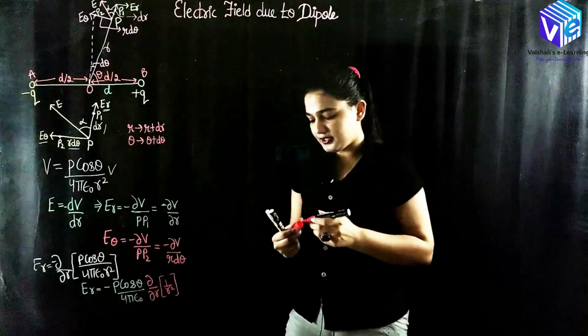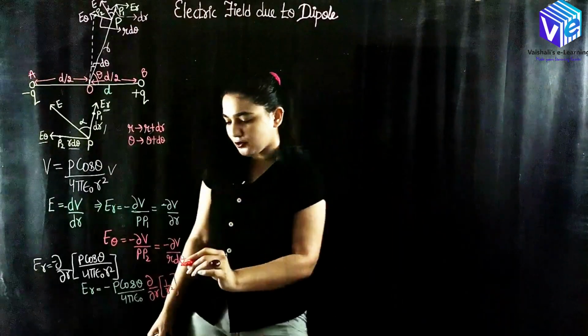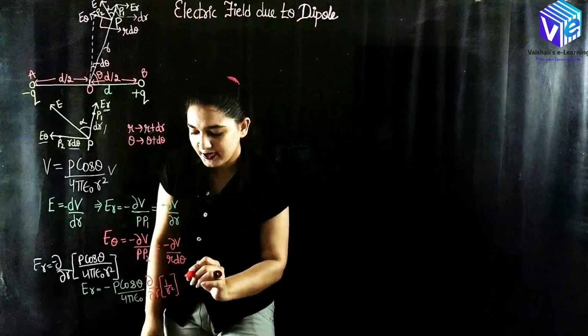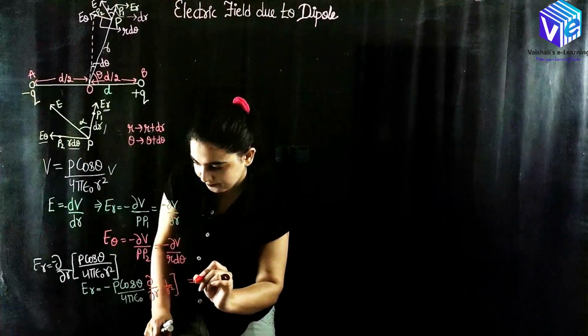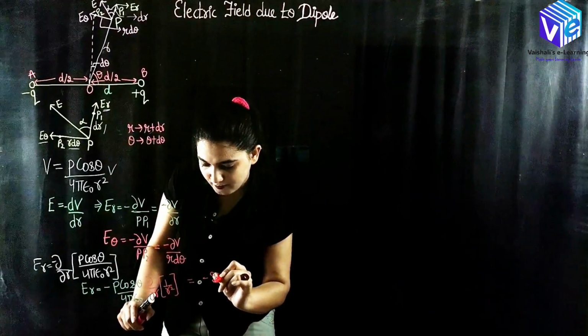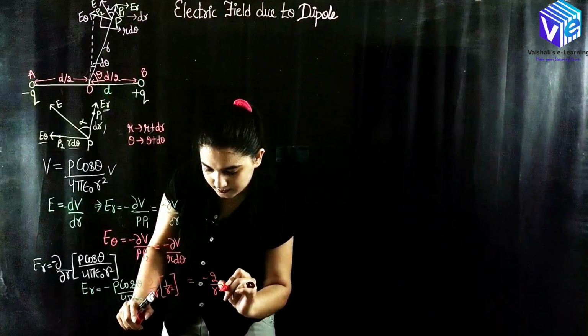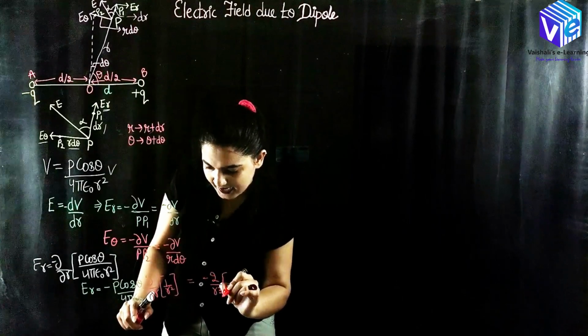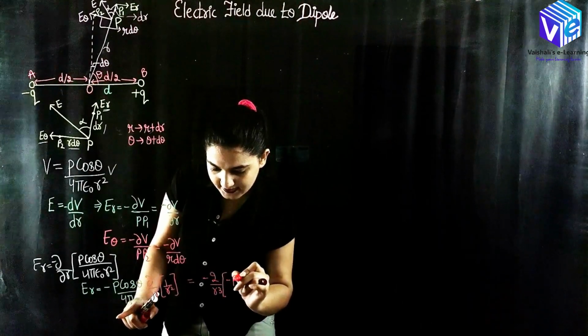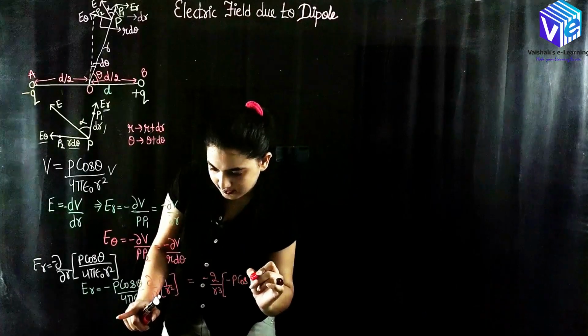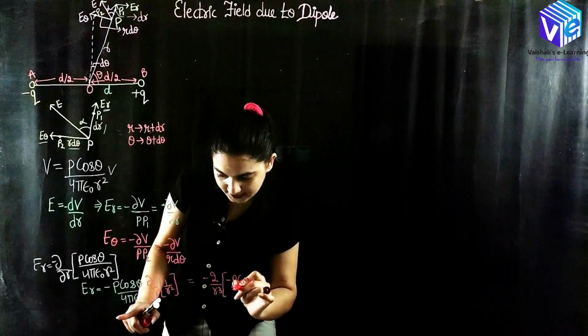Okay, so now we know this differentiation. We know del by del R of 1 upon R square will be minus 2 by R cube, and it is multiplied with the same thing, which is minus P cos theta upon 4 pi epsilon naught.